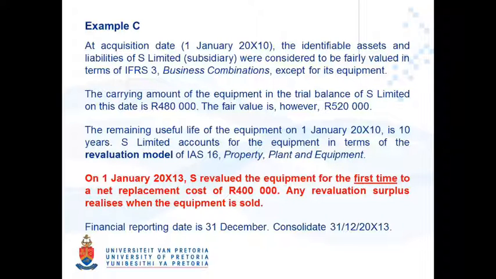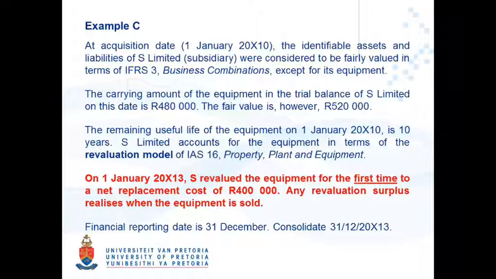The carrying amount of the equipment in the trial balance of S Limited on this date is 480,000. The fair value is, however, 520,000 Rand. The remaining useful life of the equipment on 1 January 2010 is 10 years. S Limited accounts for the equipment in terms of the revaluation model of IAS 16 Property, Plant and Equipment.